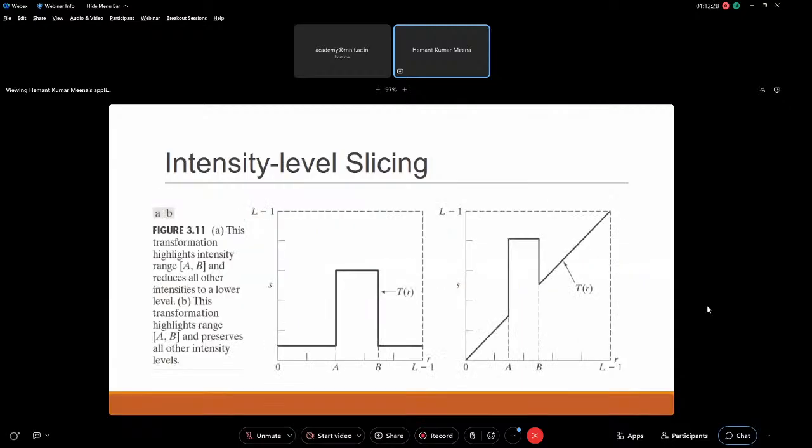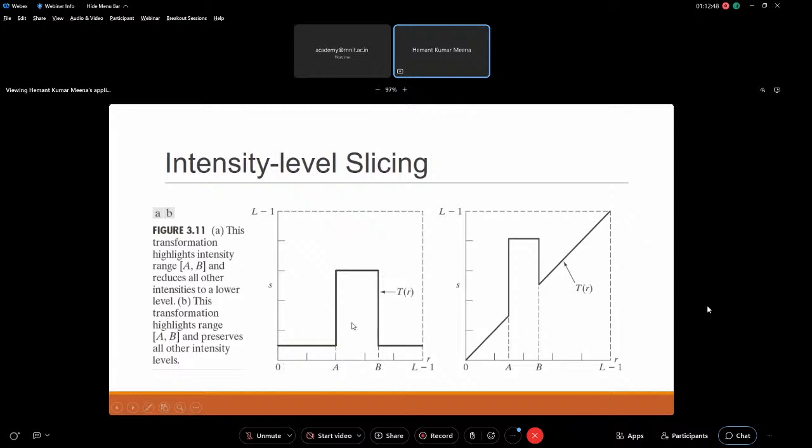You can see the diagram here. In this transformation, what is that slice? What is that particular region? That is from A to B. What is this A to B? If you recall, it is basically the intensity, between 0 and 255 if it is grayscale.